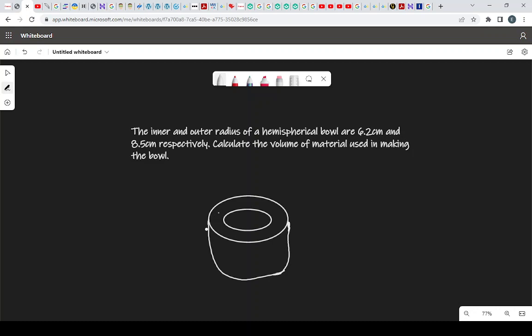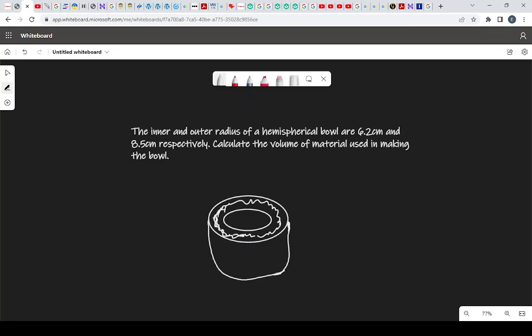So this is a hemispherical bowl that I've drawn here, and the inner radius is the part that holds any material, anything you put inside the bowl. Then the outer one here is the material that makes up the bowl.